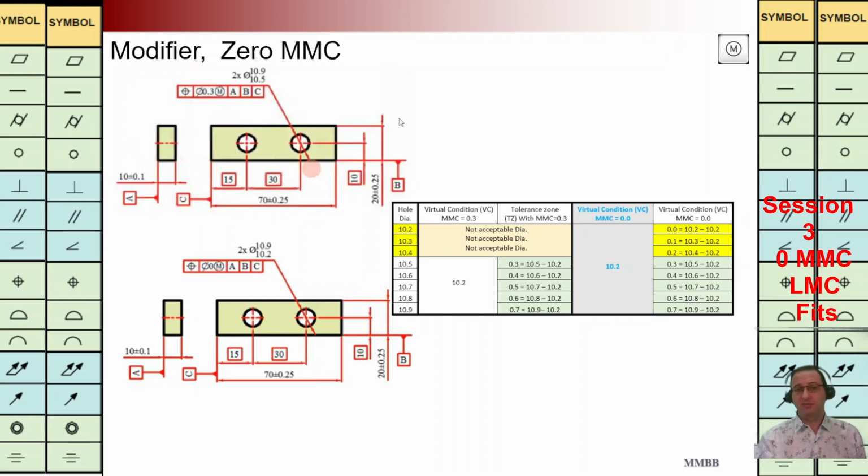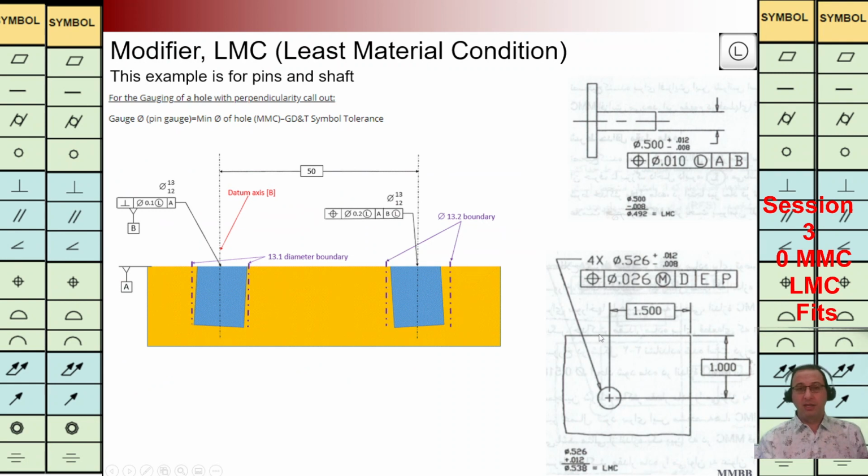In a case when the value of the MMC is big enough in comparison with the interval of the hole diameter, it is good to have a 0 MMC. Let's go to the next page and talk about least material condition, LMC.